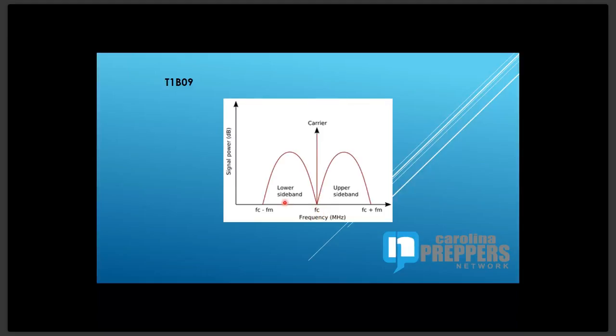However, when you get up into HF, typically lower sideband is going to be digital and upper sideband is going to be voice. More often than not, if you want to talk to somebody with PSK31, and we'll get into all that in a couple of weeks. We'll get into digital communications, and I think you'll find that pretty interesting.